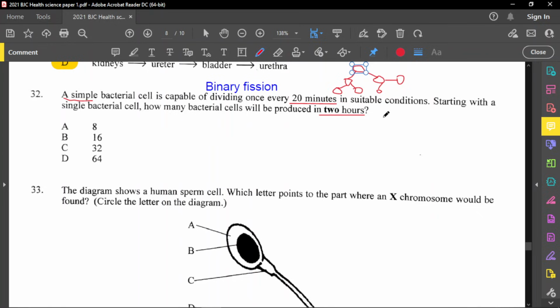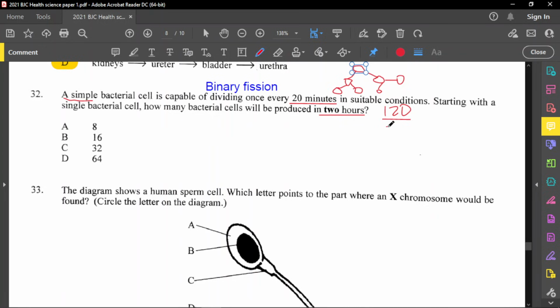We know that there are 120 minutes in 2 hours, because 1 hour is 60 minutes.